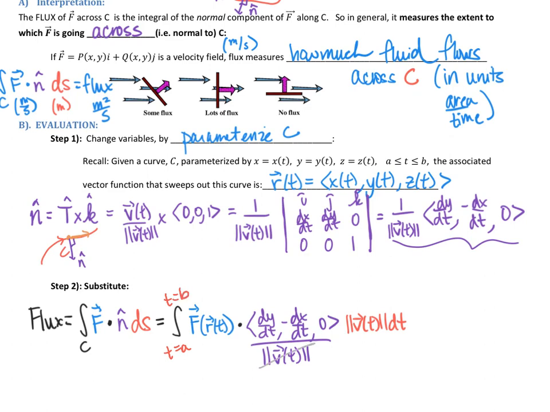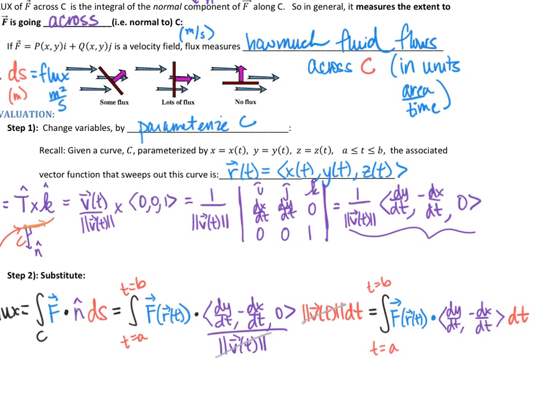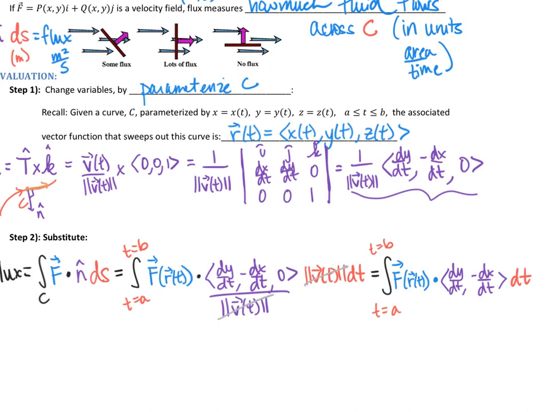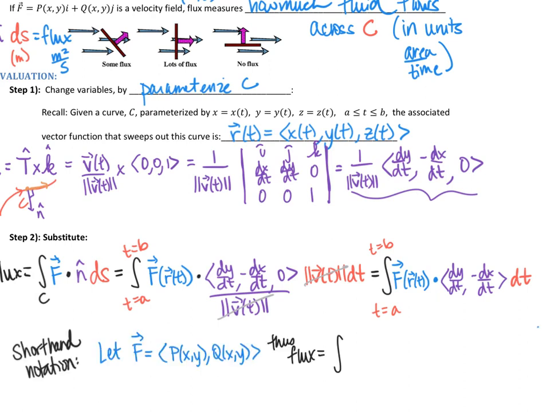And so again, we're going to notice that the speed's going to cancel here, and we're just going to be left with this. And we also have a shorthand notation that you'll see, not as many as we had for work and flow. Again, let F be given by P of x,y, Q of x,y, then I can replace that up here.